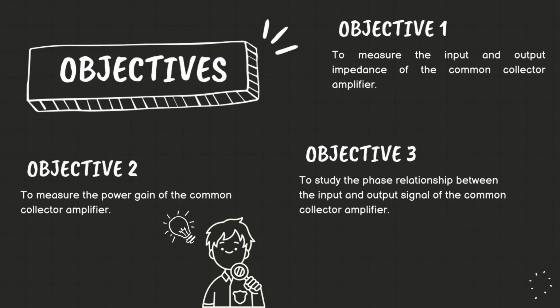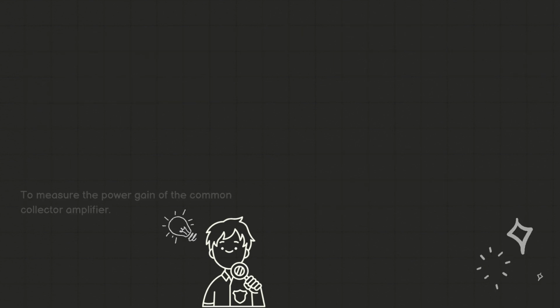For the objectives, the first one, we need to measure the input and output impedance of the common collector amplifier. The second one is we need to measure the power gain of the common collector amplifier. And the last one, we need to study the phase relationship between the input and output signal of the common collector amplifier.